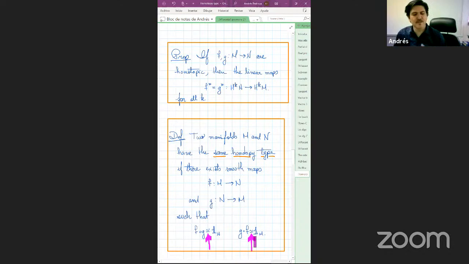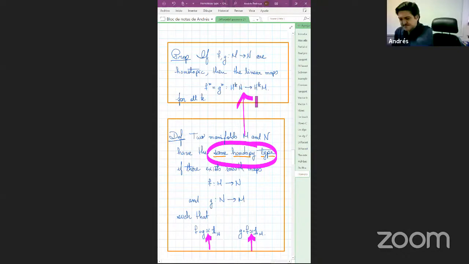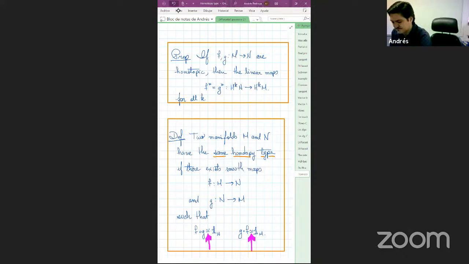So this is the concept that I really want, and this is what we're going to do examples with. And the reason that this is useful is this. Okay? So diffeomorphic is very rigid for the purpose that we want.